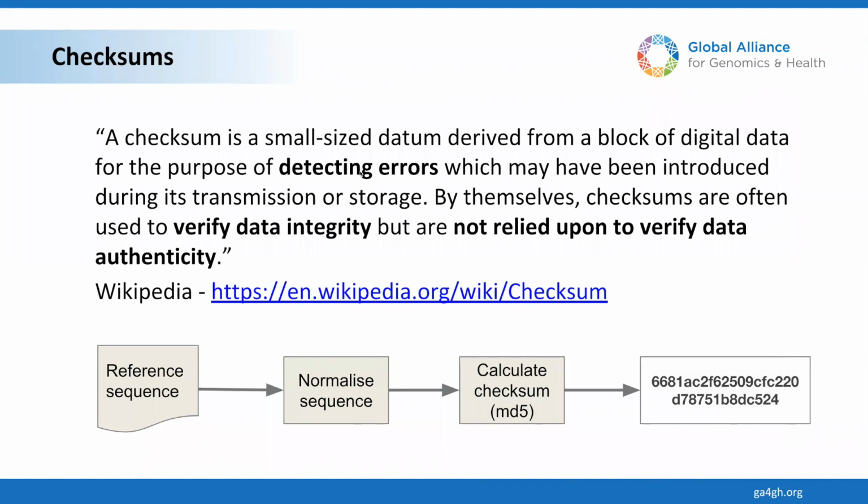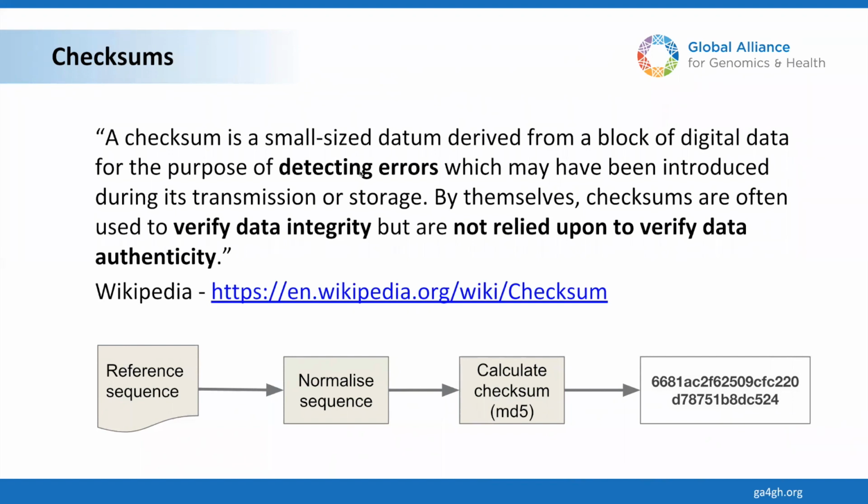Now, that does not allow you to verify data authenticity. Someone could say, of course, here is the checksum, but you would have to recompute the checksum in order to actually verify the data integrity. But you can verify data integrity through it because it's fundamentally part of the way that checksums work.